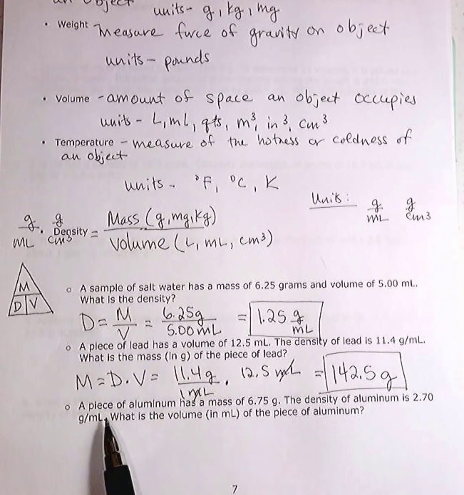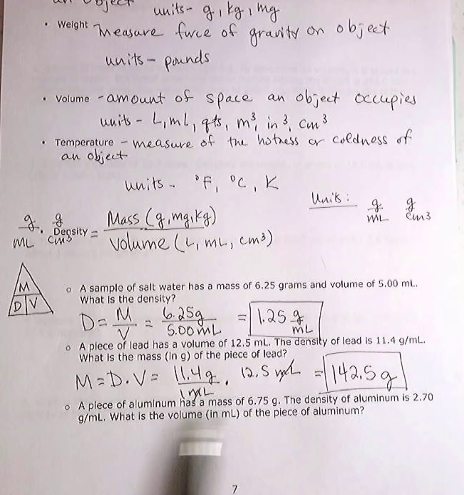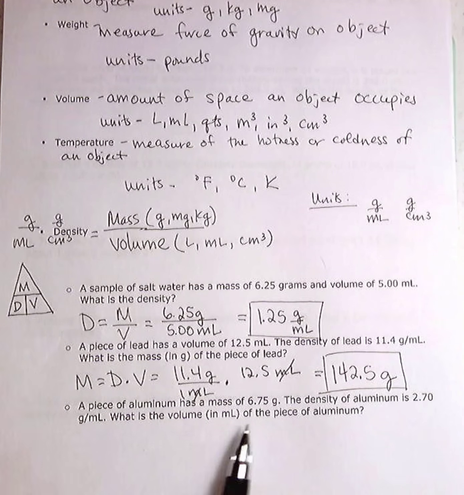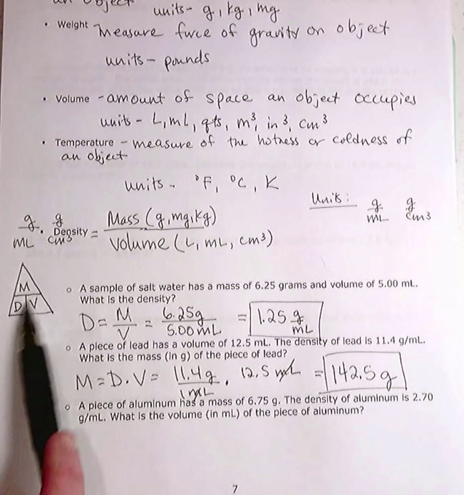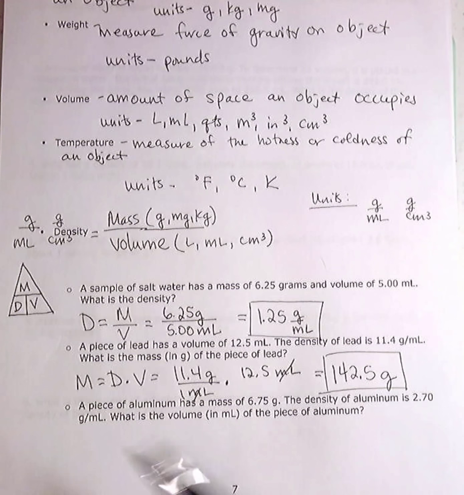Okay, the last one. A piece of aluminum has a mass of 6.75 grams. The density of aluminum is 2.70 grams per milliliter. What is the volume in milliliters of the piece of aluminum? Okay, so you cover up the V, and V is going to equal M over D, so that's mass divided by density. 6.75 grams divided by 2.70 grams per milliliter.